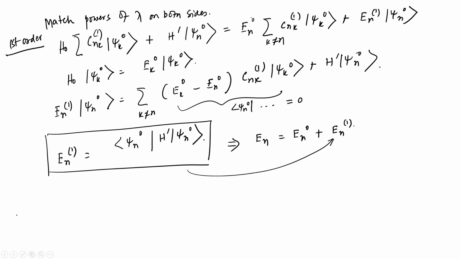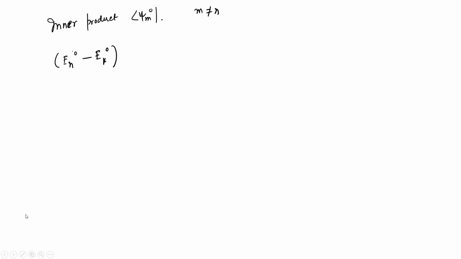We get this result as E n 0 minus E k 0, and we have a C n k 1 delta k m, and that is equal to psi m 0 h prime psi n 0, and this is precisely what you wanted, the C n k 1, but now this will click only when k is equal to m.